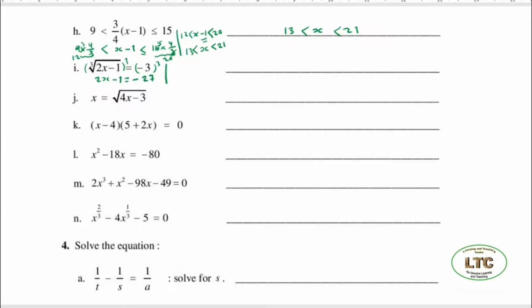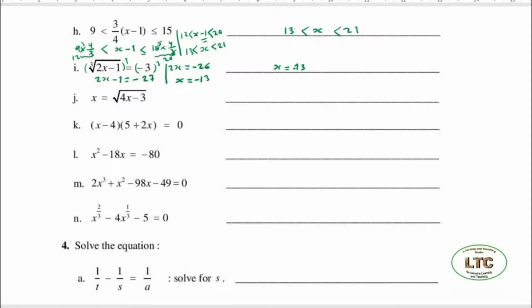So if you add 1 to the left, you get 2x. If you add 1 to the right, you get negative 26. If you divide the left hand side by 2, you get x. If you divide the right hand side by 2, you get negative 13. This is your answer, negative 13.